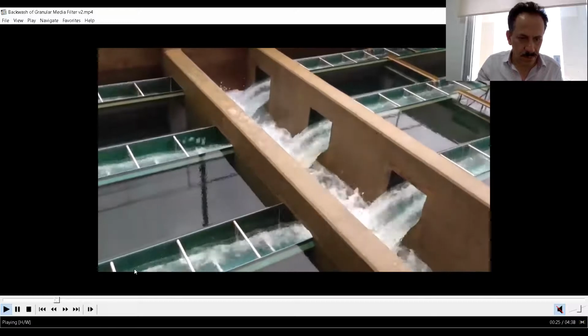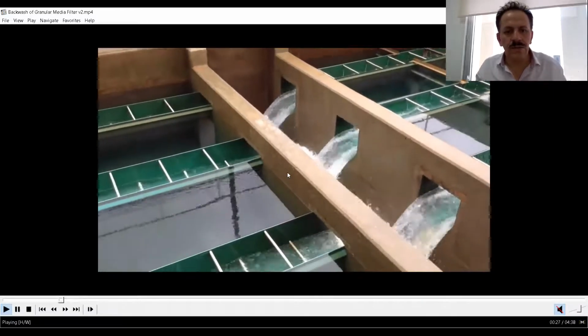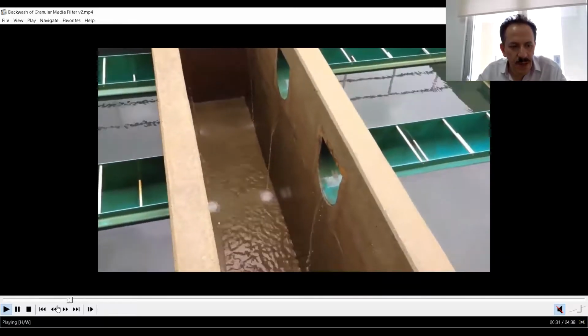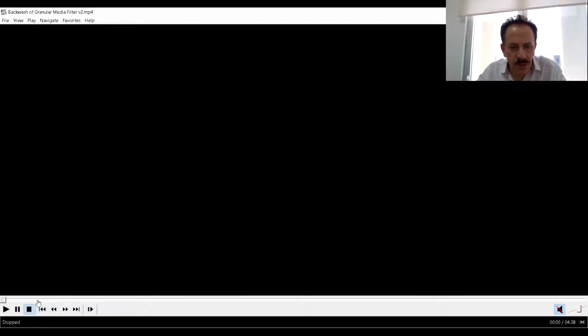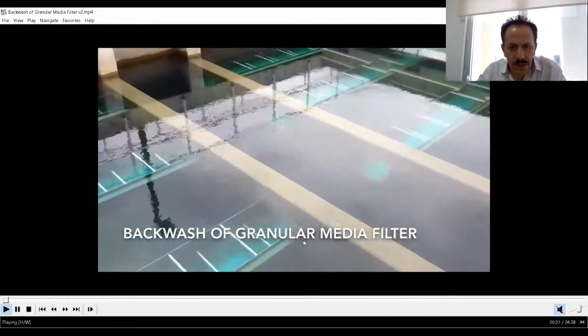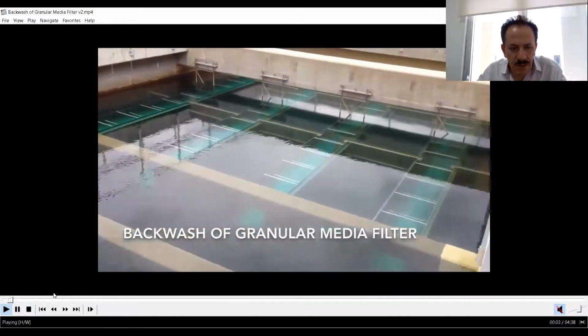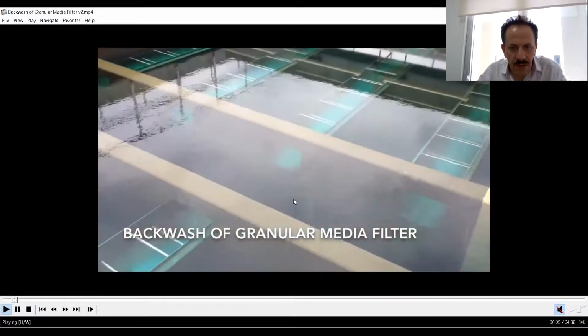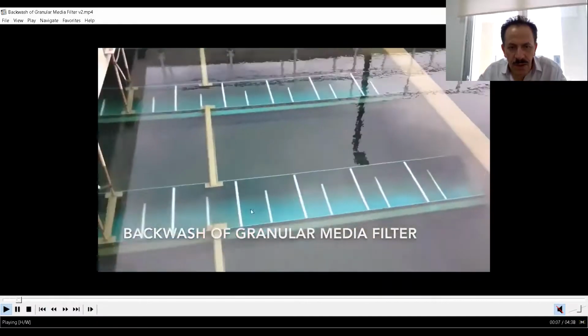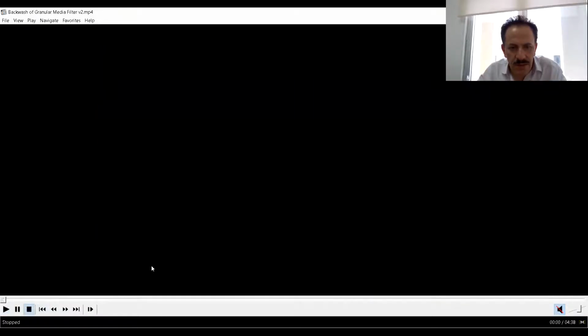Now look at this one, this is the process of backwashing. In normal operation the water is coming into the filters and everything is working normally.